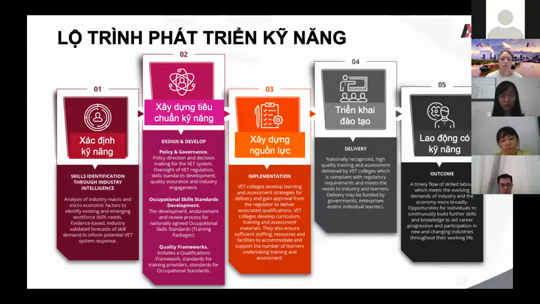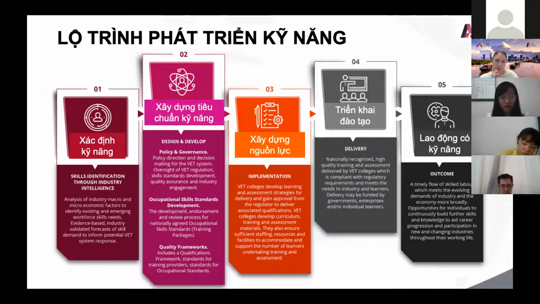That's the ultimate end goal of this process. We want to take skills identification in the first instance through industry intelligence. That's how we identify what those emerging new skills needs are in the sector or the broader economy. We start with industry intelligence.